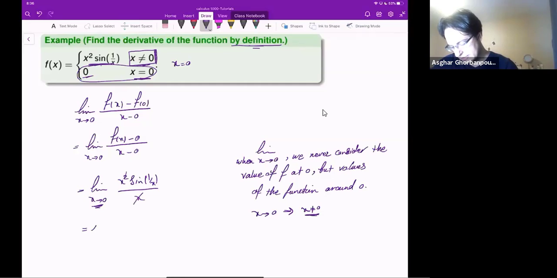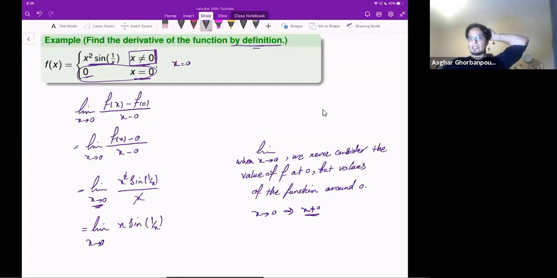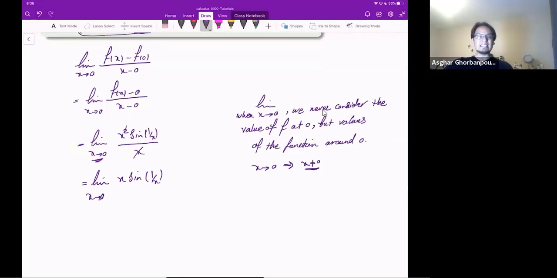Now you cancel this one with that. If it was sine of 1 over x, we know that that limit does not exist. But when it is x times sine 1 over x, this limit exists and it is equal to 0. How do you evaluate that?